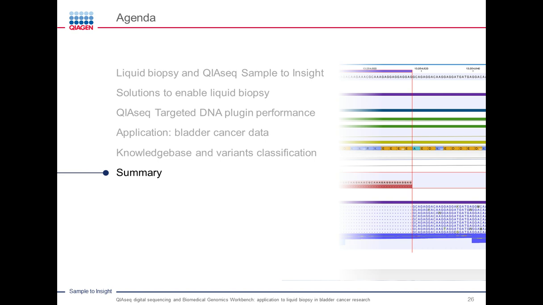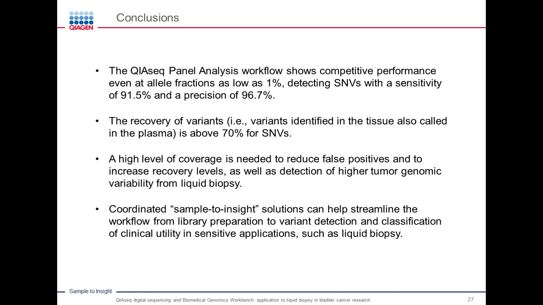So if I can wrap up some of these messages, I would like to stress that the QIAseq panel analysis workflow, as I showed in my slides, shows a competitive performance, even at allele fractions as low as 1%, and is able to detect single nucleotide variants with a sensitivity of 91.5% and a precision of 96.7%.